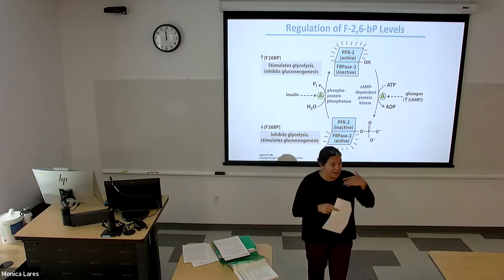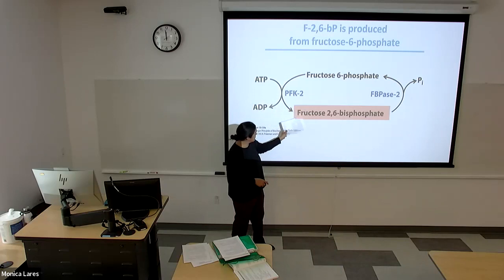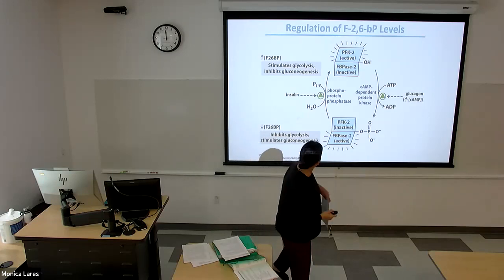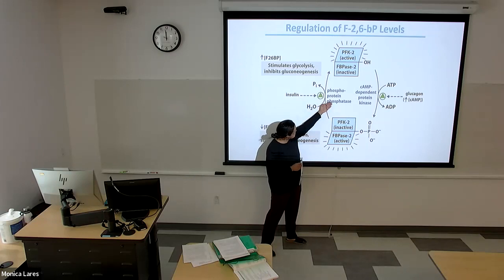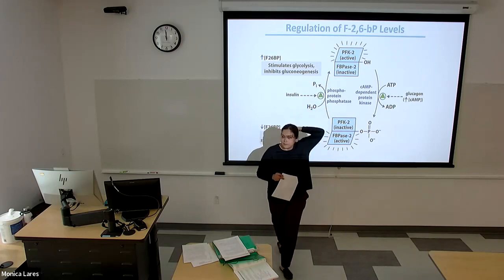And remember, the kinase here, PFK2, adds a phosphate group to make that fructose 2,6-bisphosphate. Stick with me. So in the presence of insulin, we activate this phosphatase, it removes that phosphate group, thus leading to PFK2 being active.